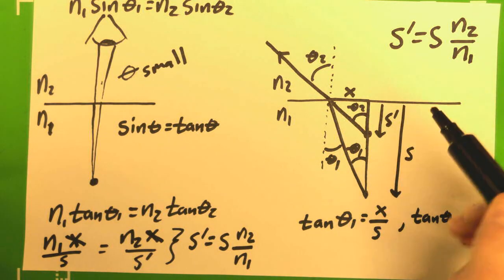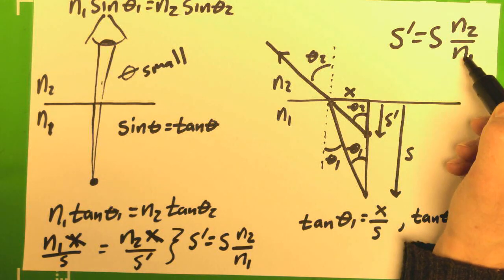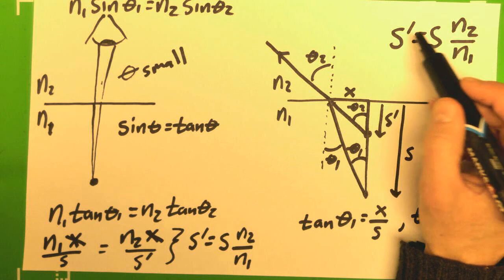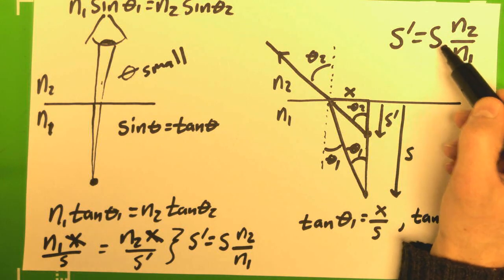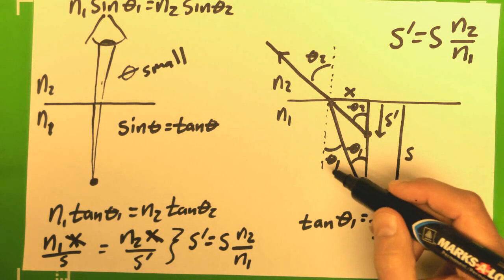So n2 is the smaller one, and n1 is the bigger one. And so n2 over n1 must be a fraction smaller than 1, and therefore s prime is smaller than s. That makes sense.